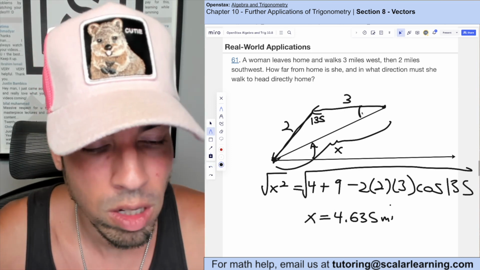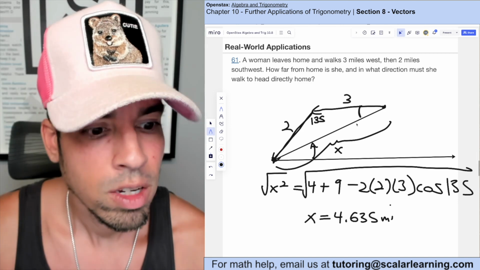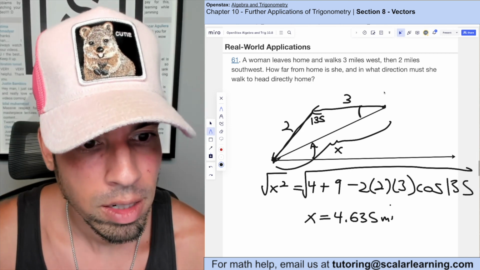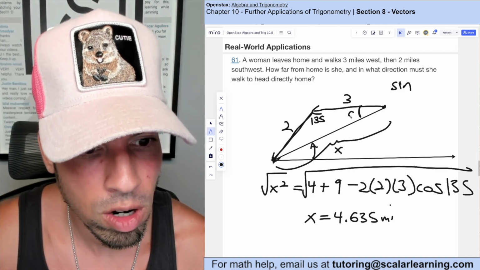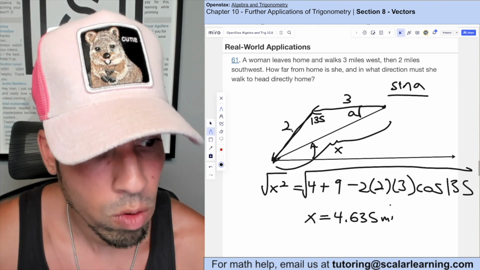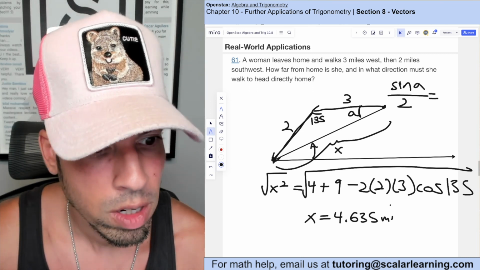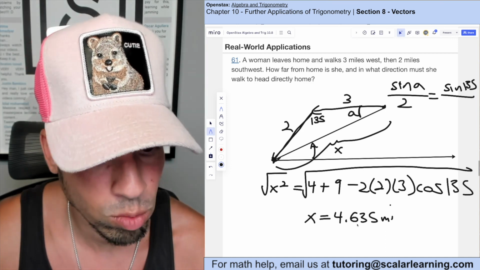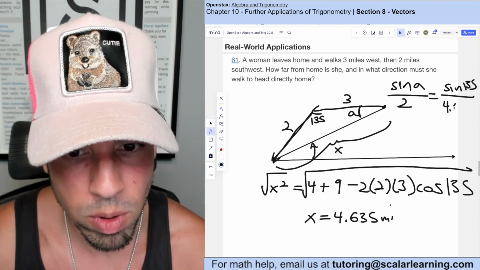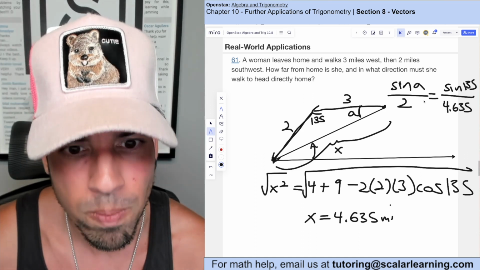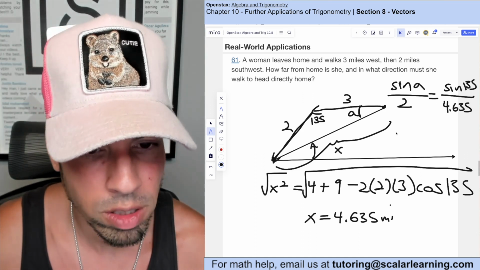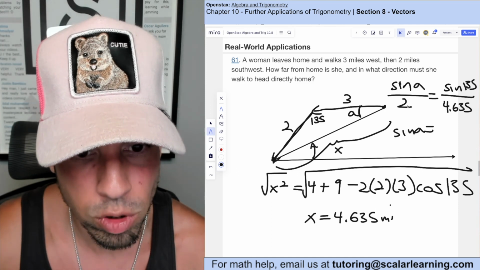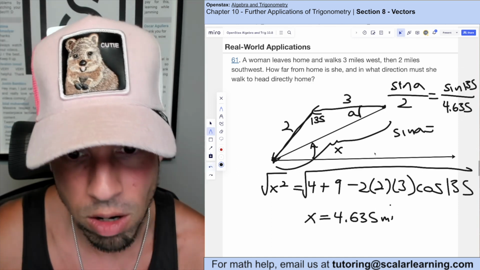Well, we can use a little law of sines. Check this out. I can say sine of this unknown angle, I'll call it A, over the opposite side 2 equals sine of 135 over its opposite side, which we now calculated as 4.635. We multiply the 2 across, and we get sine of A equals 2 times all of this, which I'll calculate in Desmos.